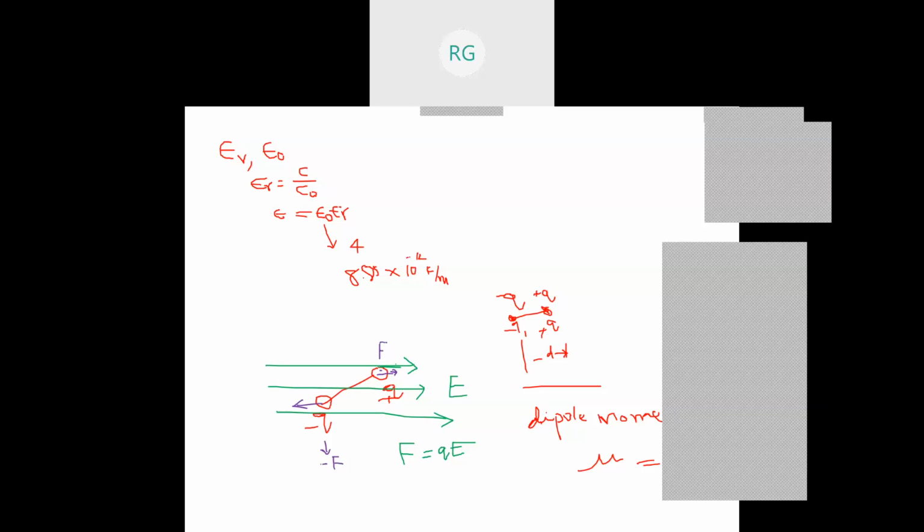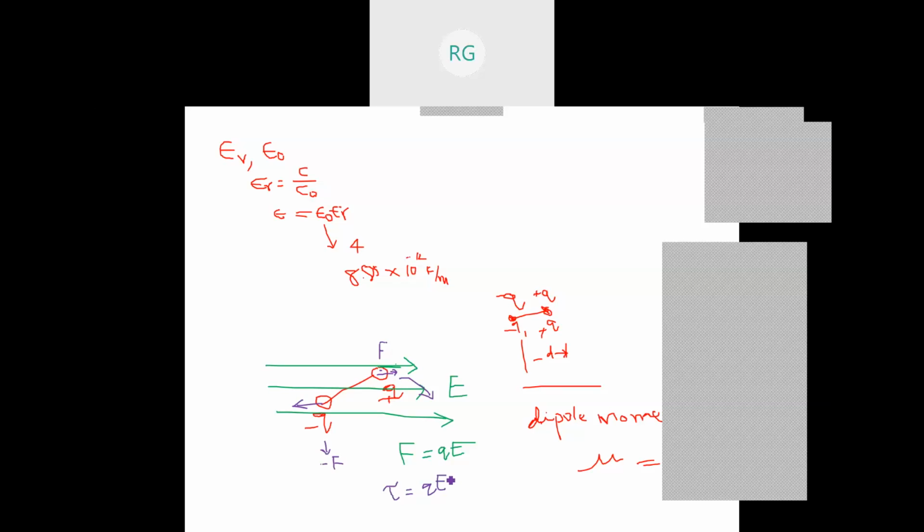When a torque is acting on it, the torque simply makes the dipole rotate. Therefore, the dipole starts rotating in this direction, and the torque acting on it, T, is equal to charge into E, that is force, into the perpendicular distance.